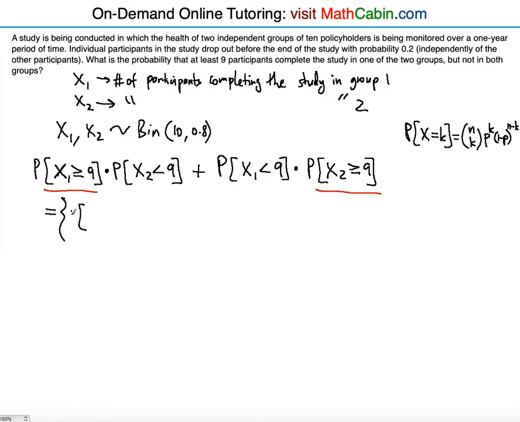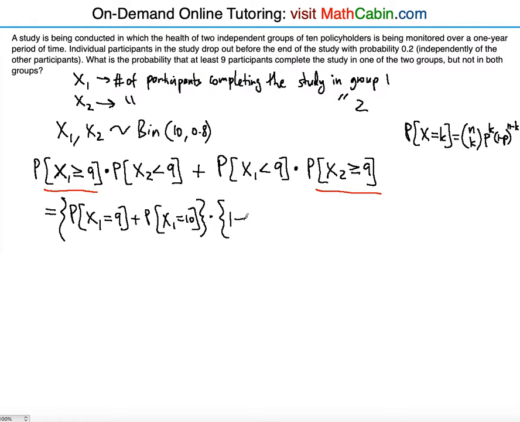We're talking about the probability of x1 being equal to 9 plus the probability of x1 being equal to 10, and that has to be multiplied to this. But notice that this is a lot of cases, x2 being equal to 8, 7, 6, 5. We're not going to add all that.